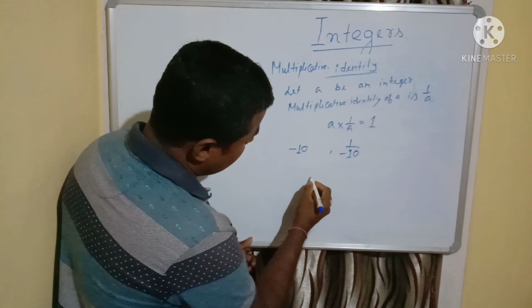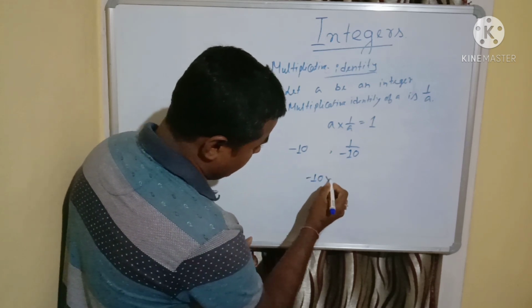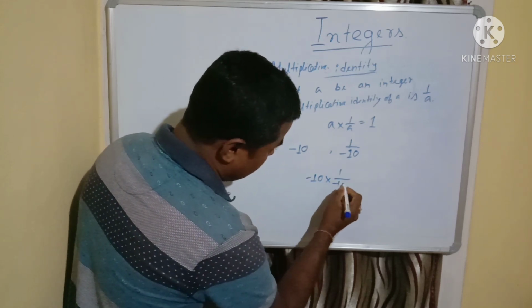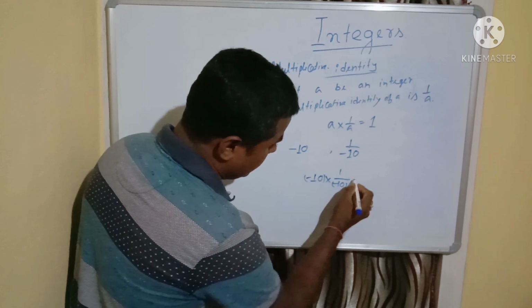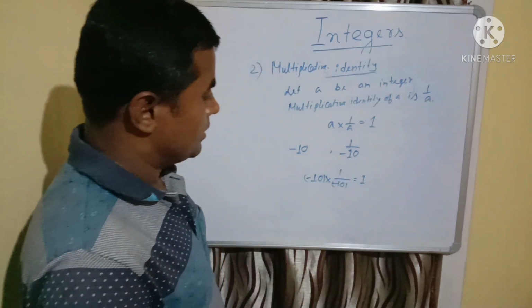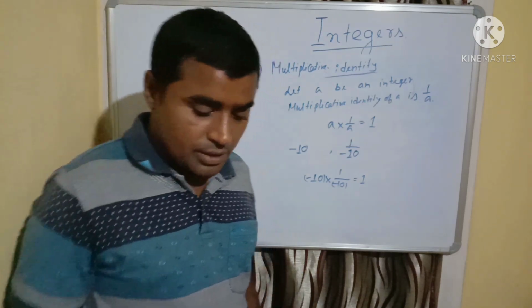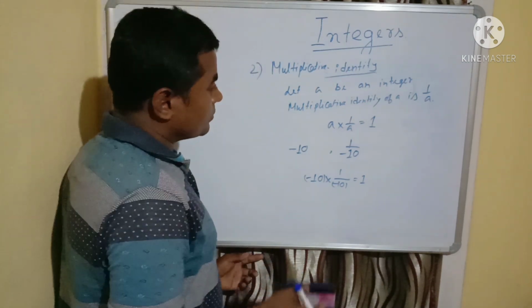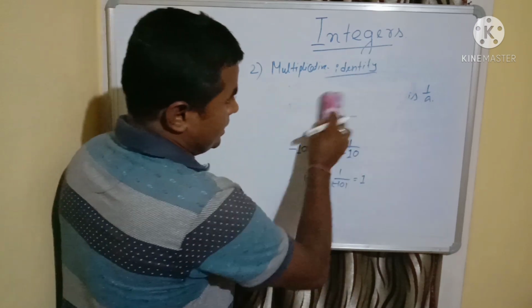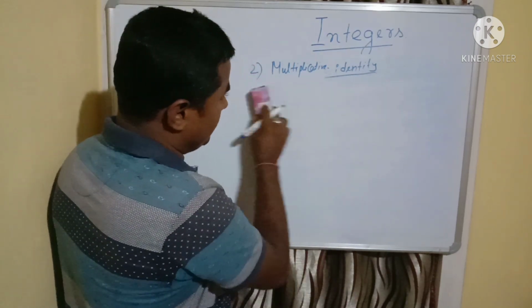It is because minus 10 into 1 by minus 10, you get 1. Minus 10 into 1 by minus 10, it is 1. So here I make a chart of multiplicative identity of some integers.